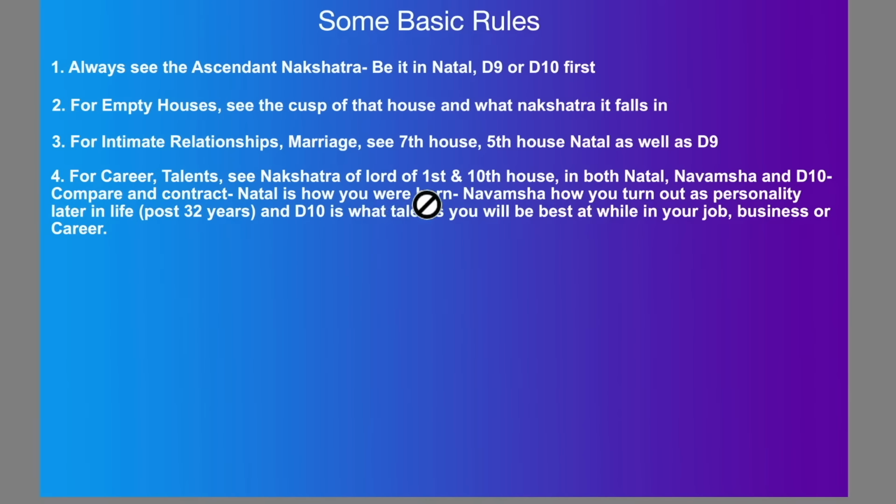Natal is how you were born. Navamsha is how you turn out as a personality later in life, post 32 or 36 years of age. And D10 is what talents, how you will be using the nakshatra talents in your career, in your business, in your job. Right? So this being the basic set of rules and introduction, let's get started.